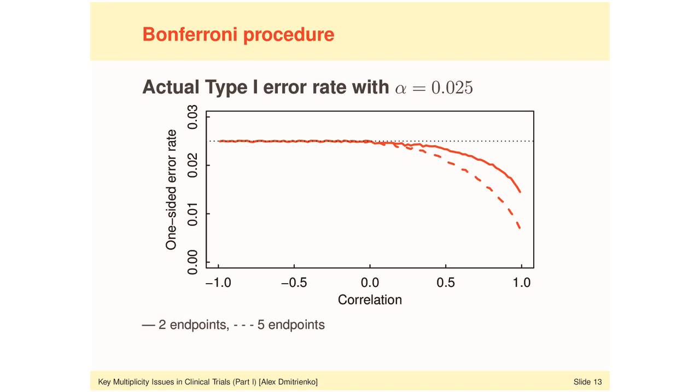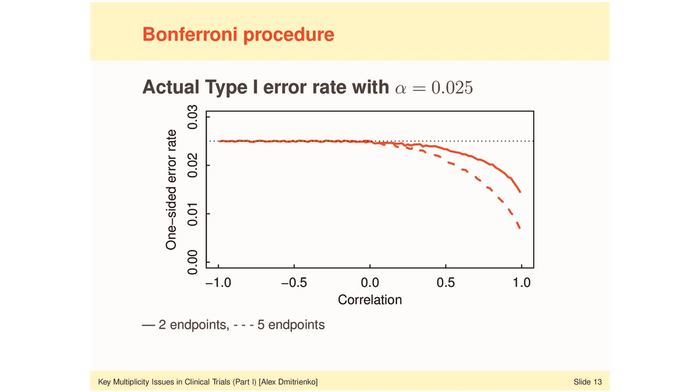But this is not a big consolation to us because endpoints in clinical trials are normally positively correlated. And to be more precise, beneficial effects for clinical endpoints are typically positively correlated. And therefore, we're much more concerned about the performance of this procedure over the range of positive correlations, when the common correlation coefficient ranges between 0 and 1.